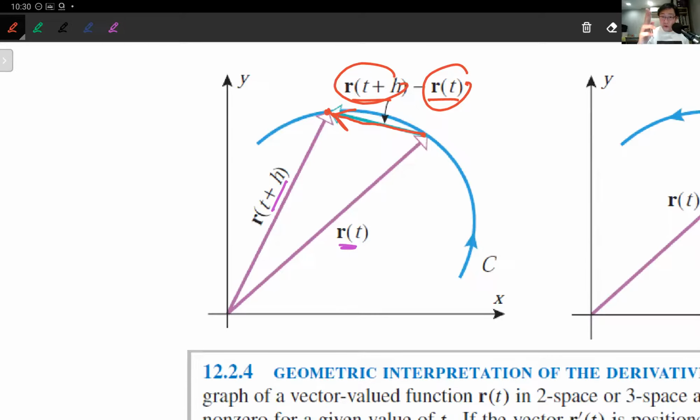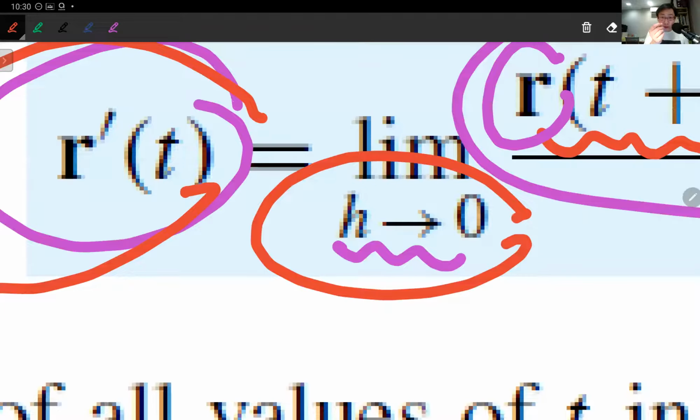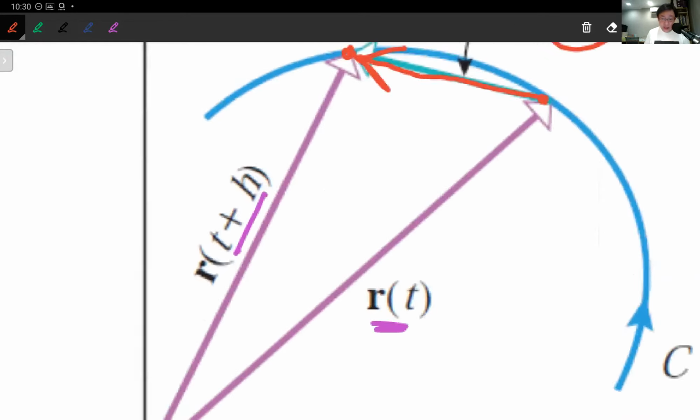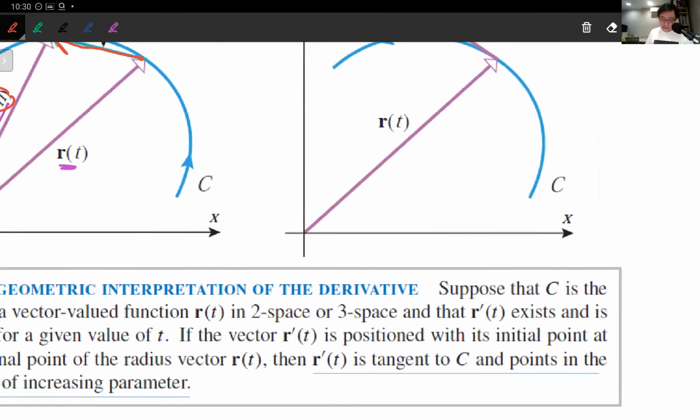Now, by definition of the derivative, you need this change to be super, super small, approaching 0. So what does it mean? It means this change, this edge, you're going to move just a tiny bit of it. Look at the next figure here.